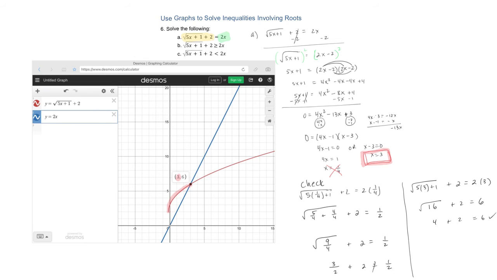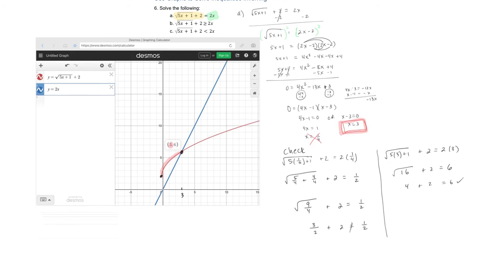Okay, so what we need to do is figure out, we know this point is at 3, okay, but we want to know what is the point where the graph starts. So let's kind of play around and figure that out. If we have this equation, y equals the square root of 5x plus 1, all plus 2, now, the square root is only going to be a 0 or a positive, okay?